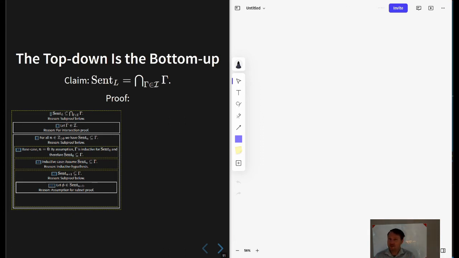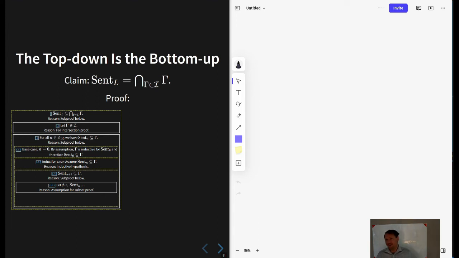How am I going to prove that phi is in gamma? It's going to be a proof by cases. Recall that cent N plus 1 is defined as cent N union the negation of cent N union all possible binary connectives on cent N and cent N.